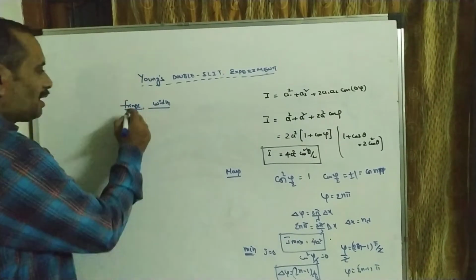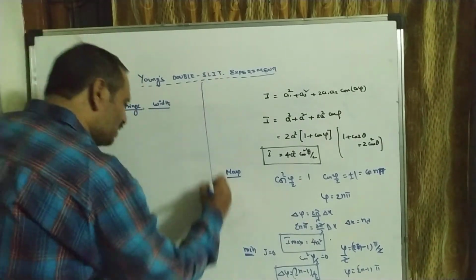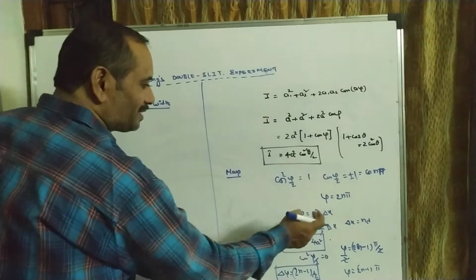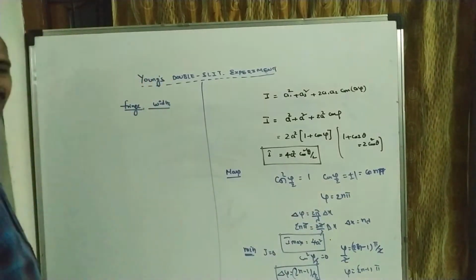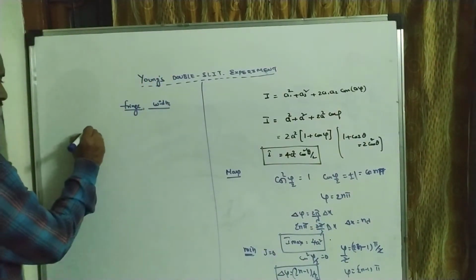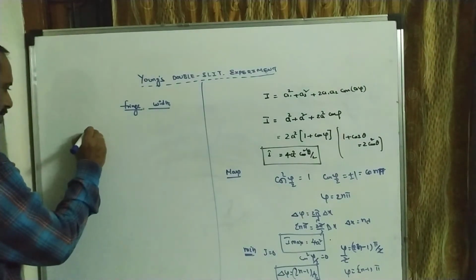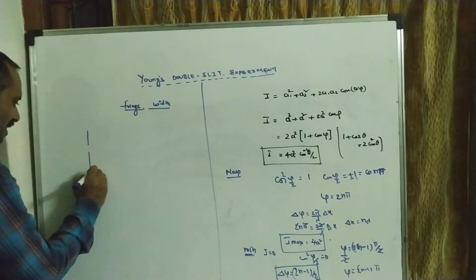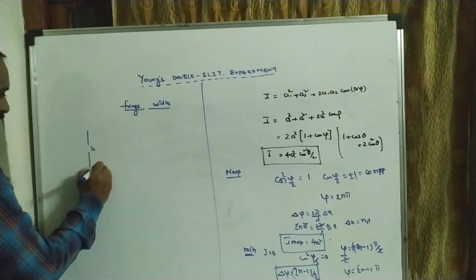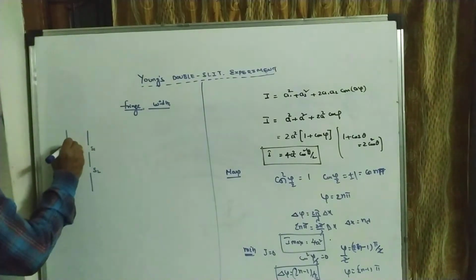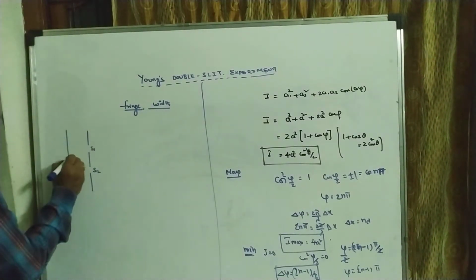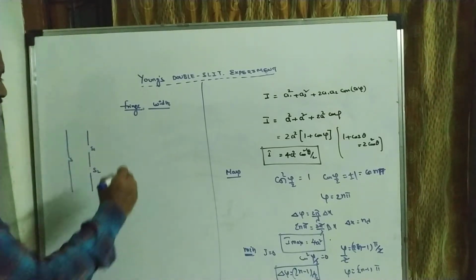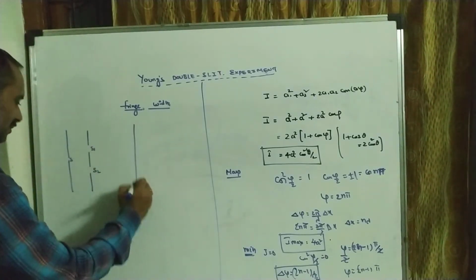Next, what about fringe width? Sir, without knowing this, I can't calculate the fringe width, maximum and minimum condition. Let us suppose S1, S2 are equidistant from S. That means path difference. XY is the screen.